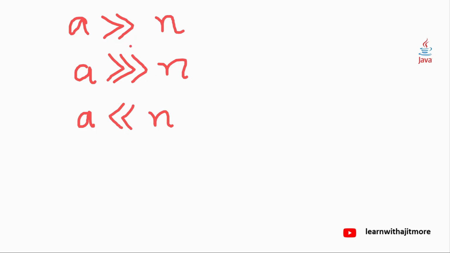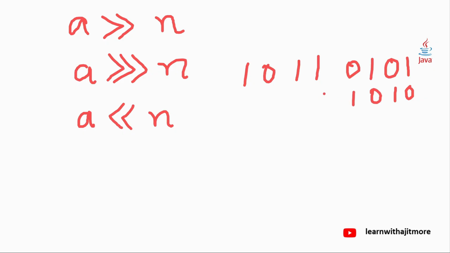Now, what is the speciality of the two greater than and the three greater than? I told you yesterday, I am just quickly revising. This two greater than is sign fill right shift. Suppose your bit pattern is 1, 0, 1, 1, 0, 1, 0, 1, whatever. It is shifting right, so this LSB will go out, here 0 will come, here 1, here 0, here 1, then 1, then 0, and then 1.